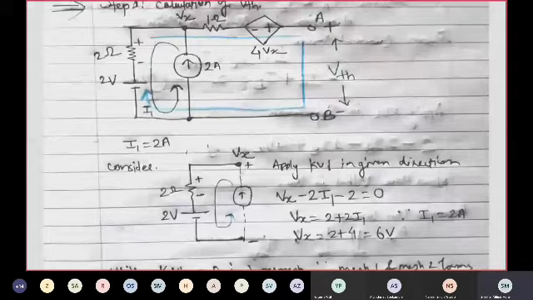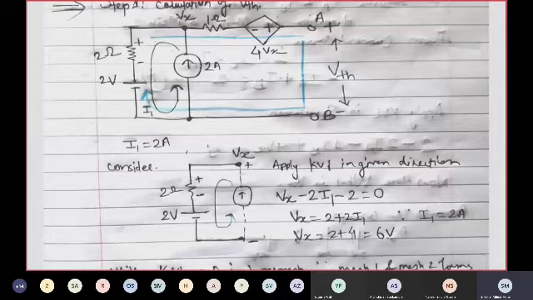So for applying KVL, we should know the current flowing through 2 ohm, because there is no current flowing through 1 ohm, because between A and B there is an open circuit, so no current is flowing. Since we have to apply KVL in this particular direction, since a current source is there between two meshes, a super mesh is formed there, and we have to apply KVL in that particular direction.